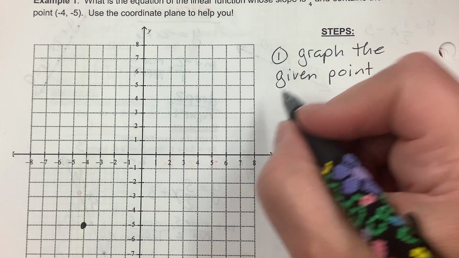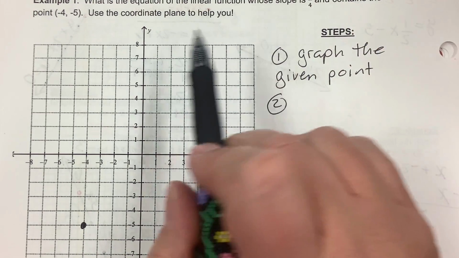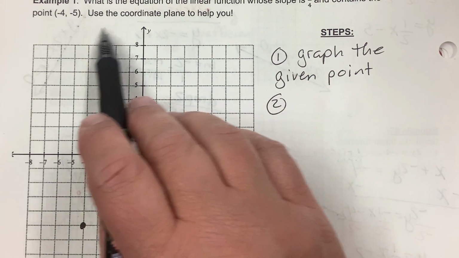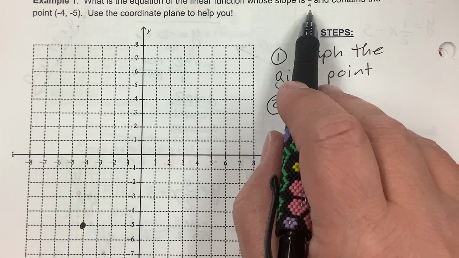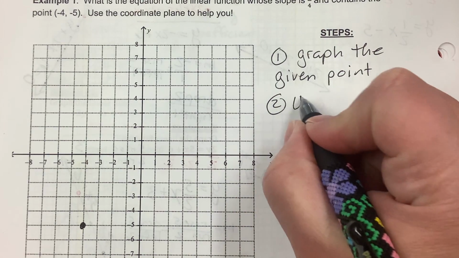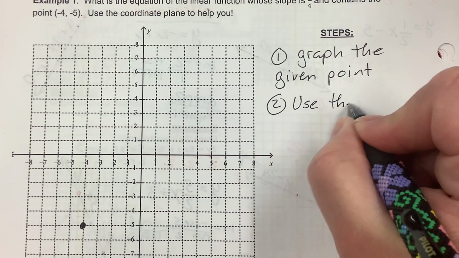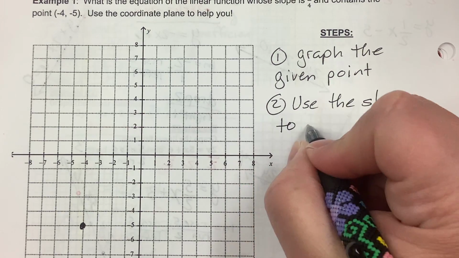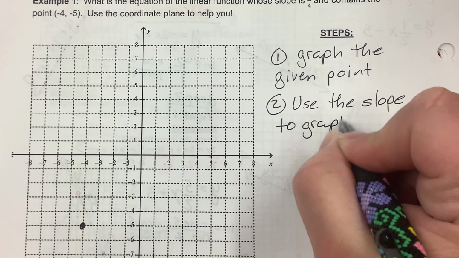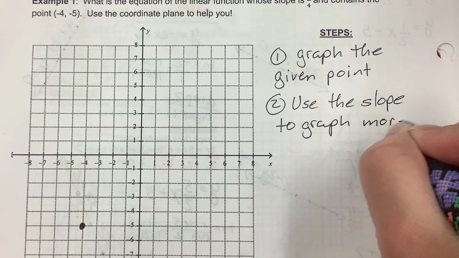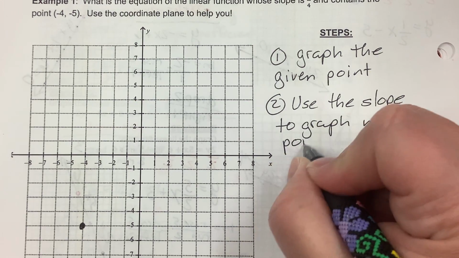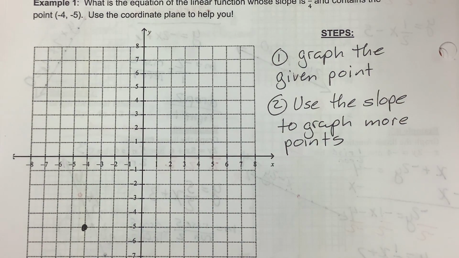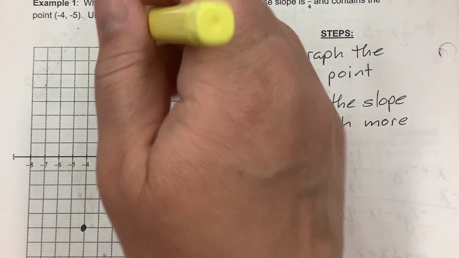And then what else do I do? Number 2, use the slope to graph more points. And before I do that, I'm going to highlight my y, because I always highlight my y when I have a graph.